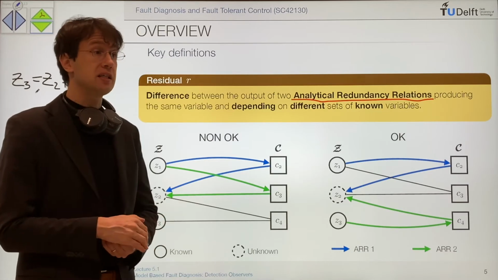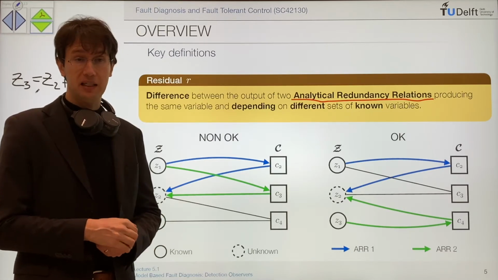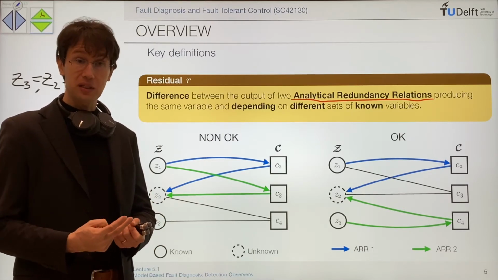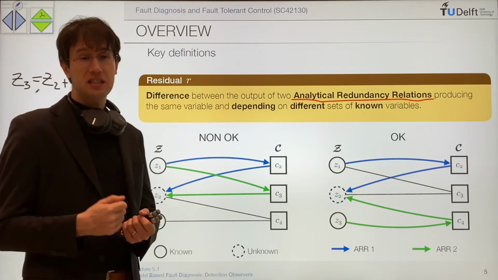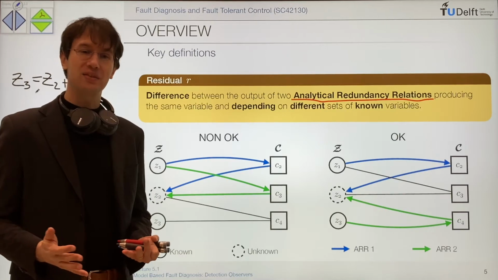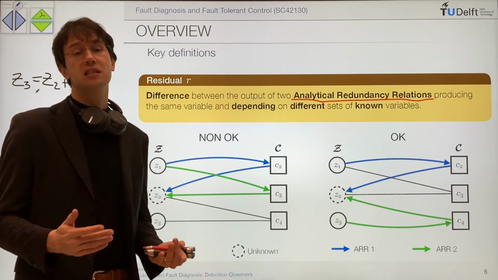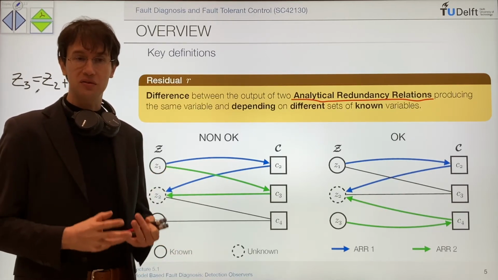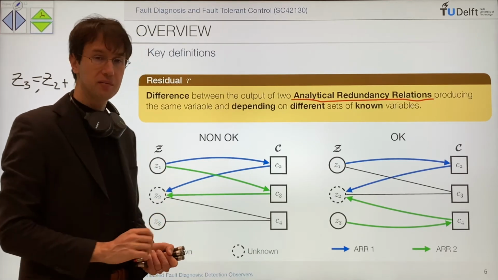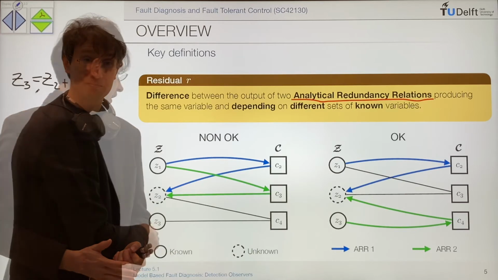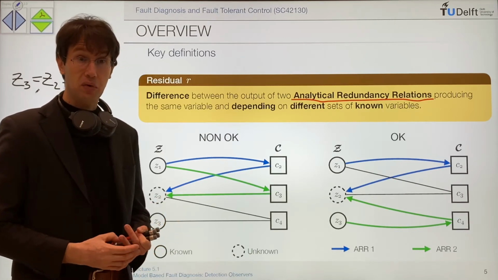If everything is behaving nominally, I expect that these two different ways of computing the same variable will provide the same result. Of course, this is assuming that our model is consistent and correct. But this is the first assumption. So if our model is consistent and correct, and if I have two ways of computing the same variable, I should get the same result. If it is not the case, something is broken.